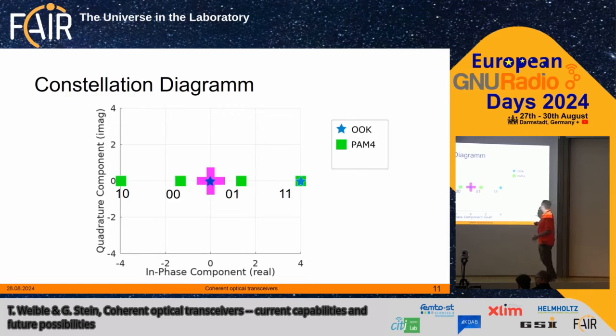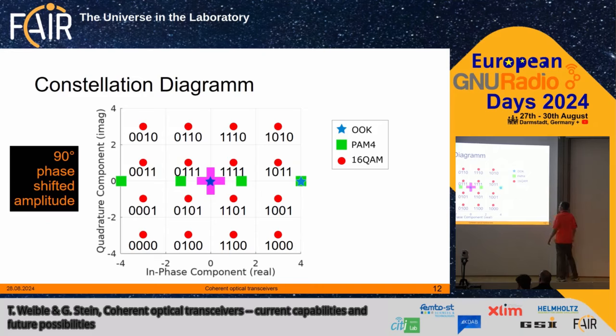But now let's dig deeper and try different constellation. PAM4 is when you use different amplitudes. We are still not at the coherent part. But now we are making it more interesting. Now we have 16 combinations. And with 16 combinations for one frame, you're pushing way more data, way more bits. And that is the advantage you can achieve with coherent transceivers.